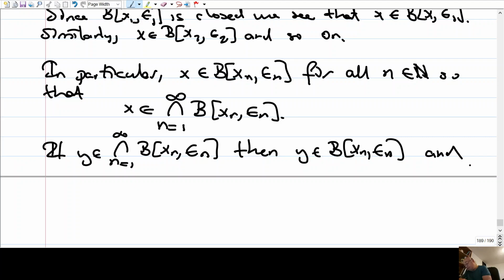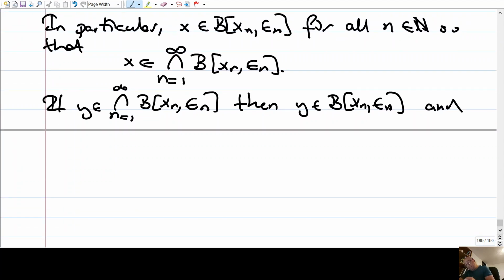And the distance between xn and y will be less than epsilon n, right?